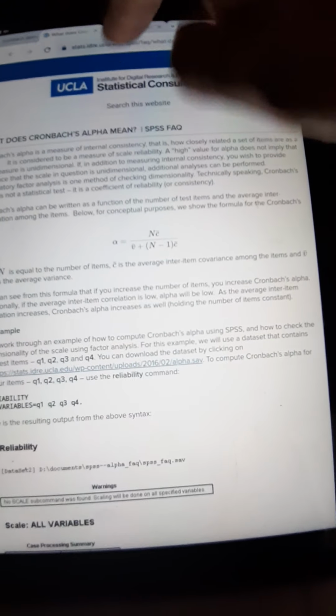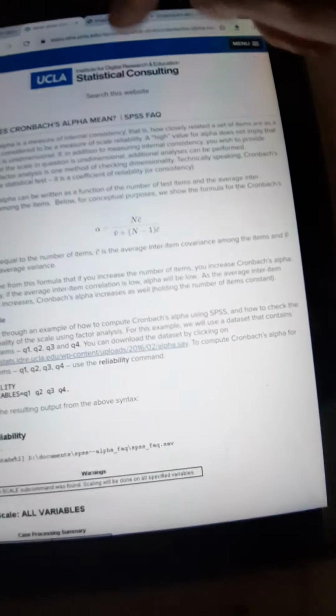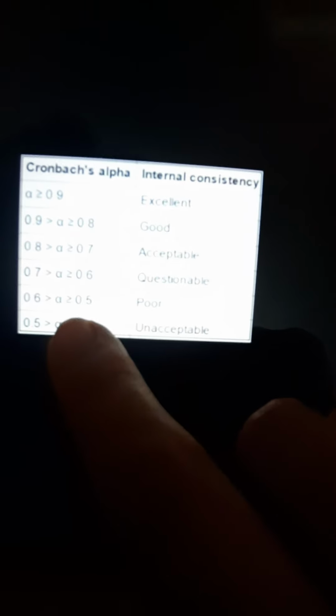But I would like to find a very good formula that I can use today. The meaning of Cronbach's alpha: near 1, more than 0.9, means excellent.